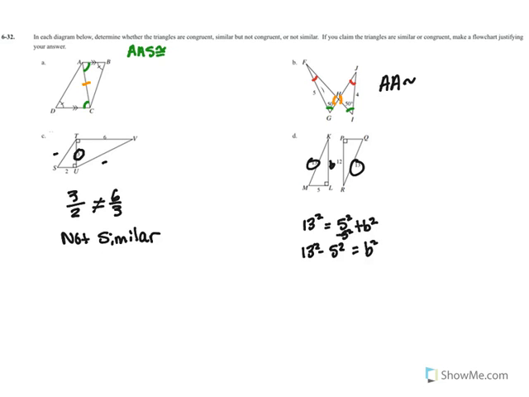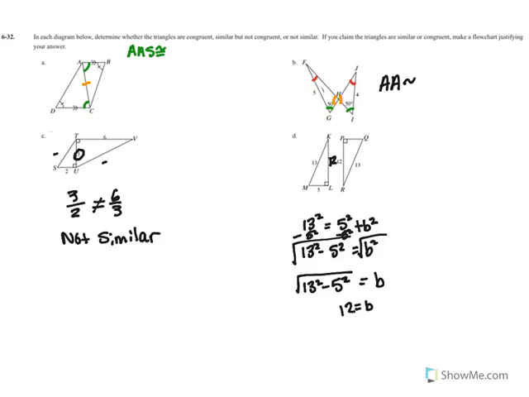I just subtracted this 5 squared from both sides. Then you'd have to take the square root of both sides. So you'd have the square root of 13 squared minus 5 squared equals b. If you go ahead and put that in your calculator, you're going to get that 12 equals b. So this up here is going to be 12.